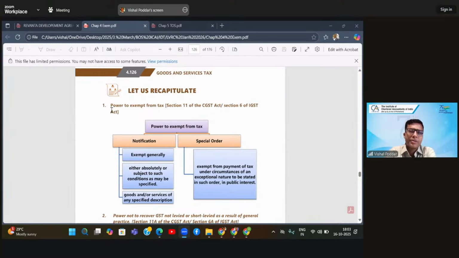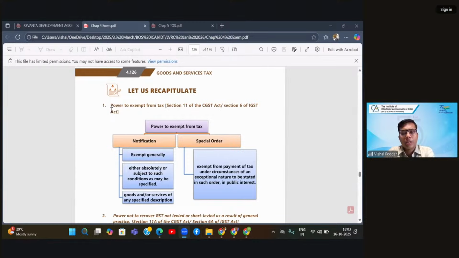The impact is that all these transactions which are covered in levy, which are exempted, are very much within the scope of GST, and hence all the compliances like taking registration, preparing records, accounting, are equally applicable.